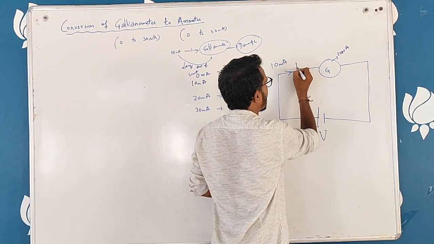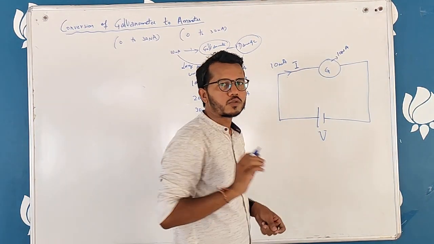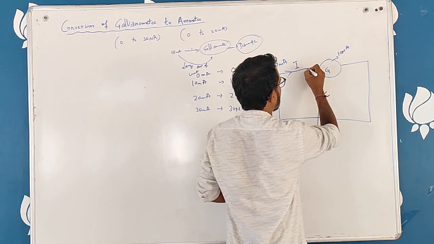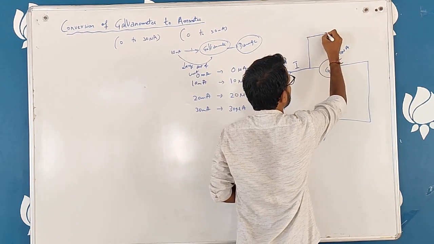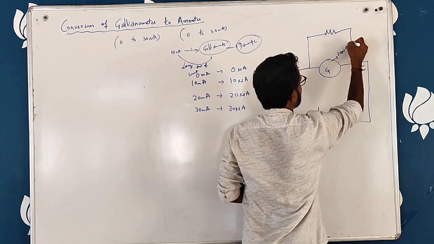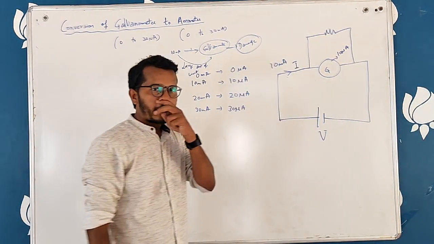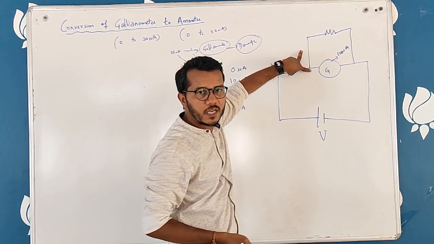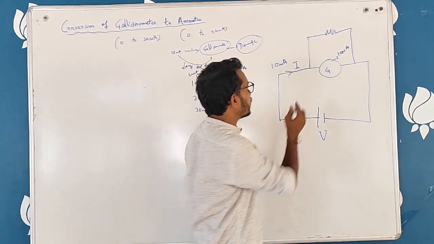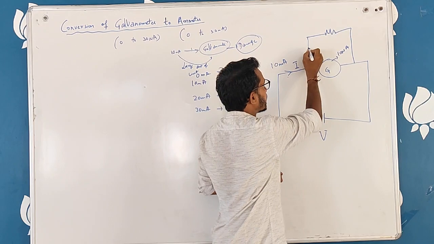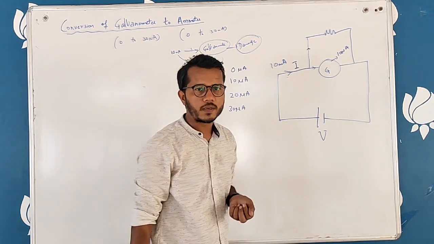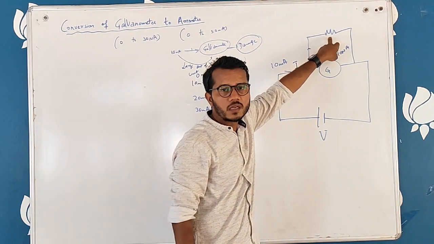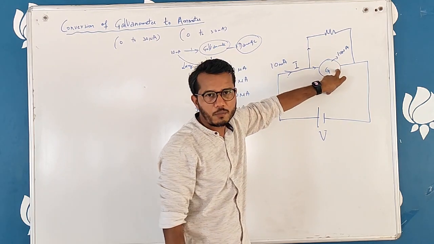See, the current I is flowing to the galvanometer. So what I will do is connect a resistance in parallel to this galvanometer. We all know that there is a branch here, so because of the branch, some of the current flows here and some of the current flows through the galvanometer. I have connected a resistance parallel to the galvanometer.